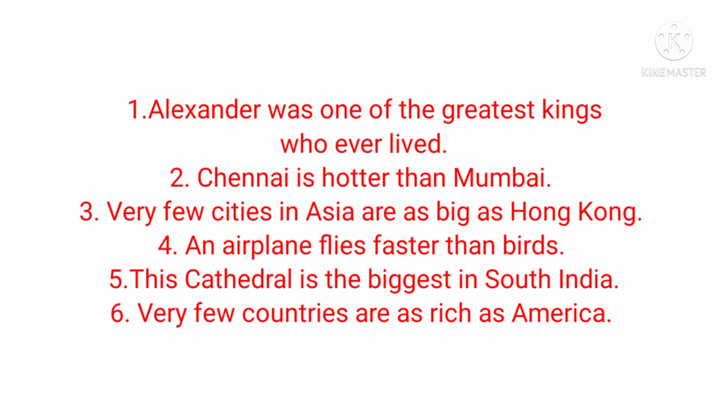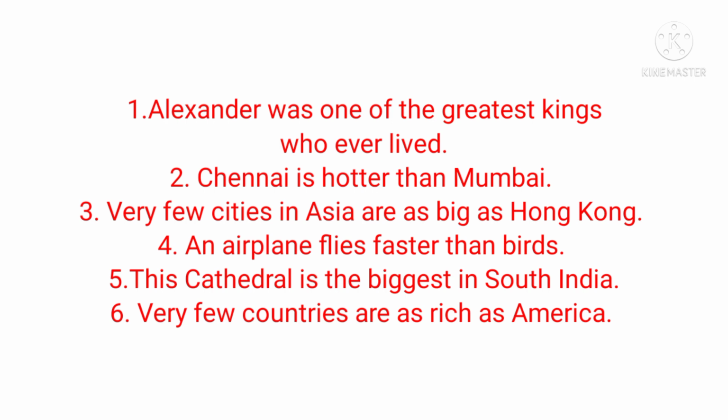Very few cities in Asia are as big as Hong Kong. In this sentence, the positive degree of the adjective is used, that is big. It is the simple form of the adjective, that is positive degree. An airplane flies faster than birds. Here, airplane and birds are being compared, and the comparative degree is used, that is faster. Then, this cathedral is the biggest in South India.